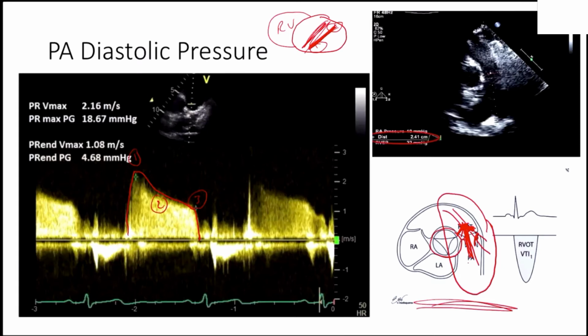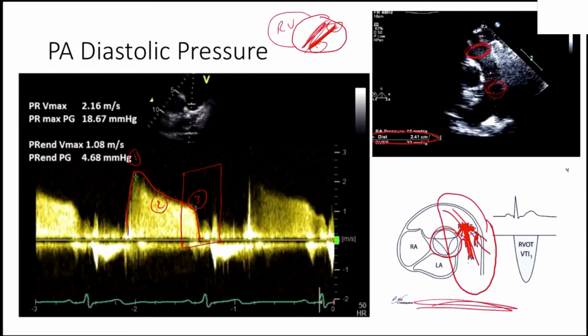Okay, good. So this is where we're going to be measuring our PA diastolic pressure, because we want to measure what is the pressure gradient at that exact period of time where I'm trying to measure the pressure. So at the end of diastole, we have equilibration between our main pulmonary artery, right, and our right ventricular outflow tract, or our right ventricle.